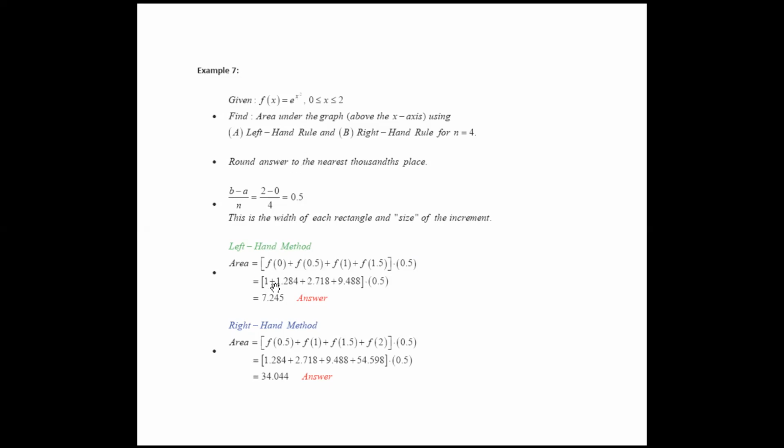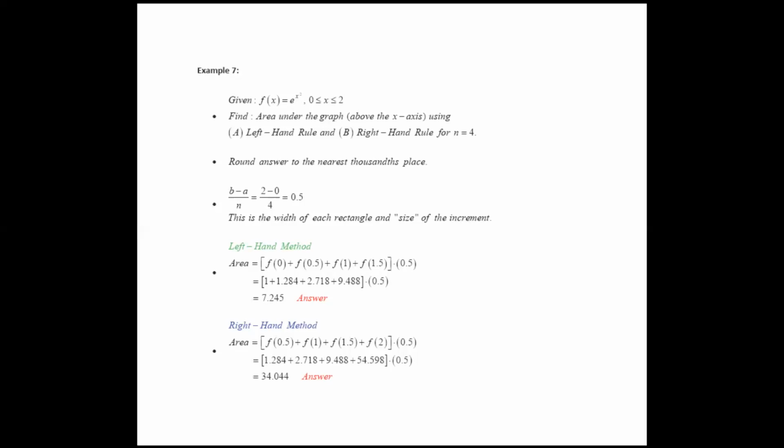That's pretty trivial, but then these are gotten by putting the value 0.5 in for x, squaring it, and raising e to that power. We get this number and so forth. And so we add these up, multiply by half, and this is an approximation of the left-hand answer.